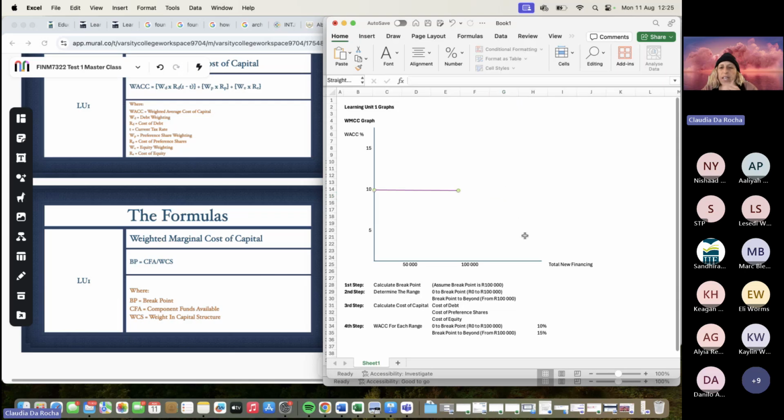Okay, then we go to the next range, which is from 100,000 and beyond. So what we do is we come up here to where, because we assume the percent is 15, and we draw another line from the 15 where the 100,000 is to the end. And then what we do is we connect these two.